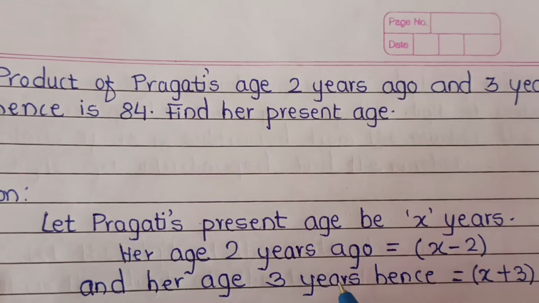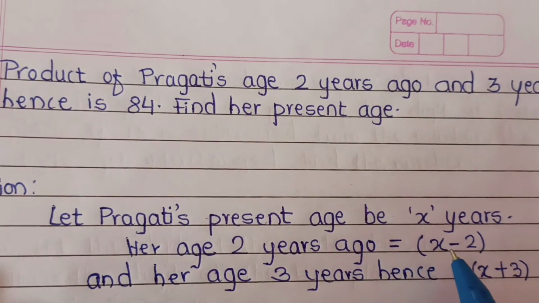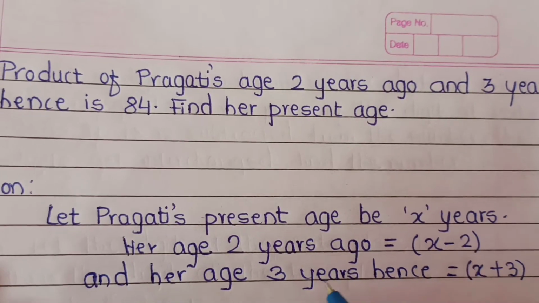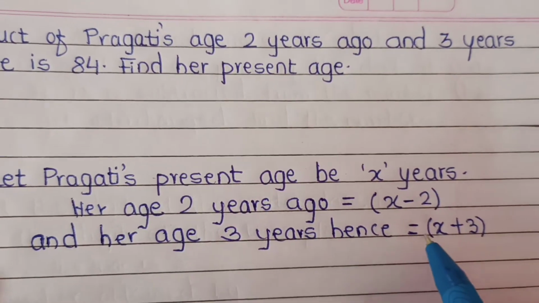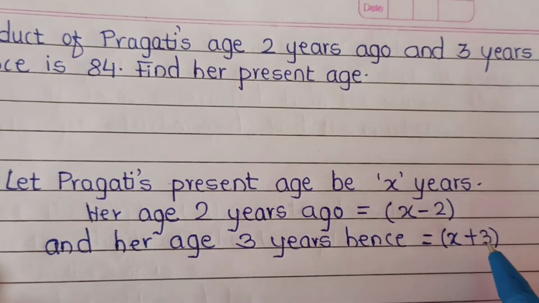So 2 years ago, from her present age we subtracted 2, and 3 years hence, after 3 years her age will be, in her present age we have added 3.